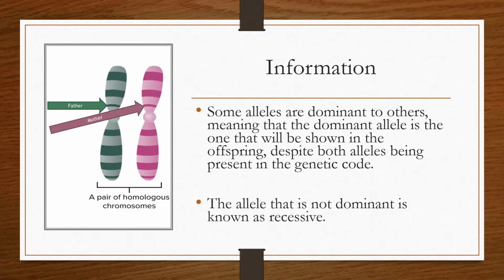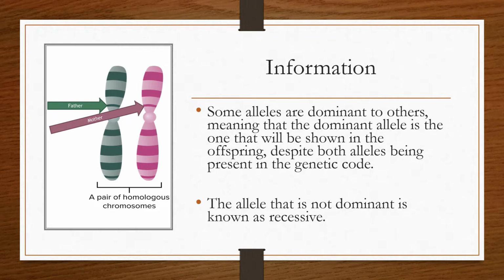Now, some alleles are dominant to others, meaning that the dominant allele is the one that will be shown in the offspring, despite both alleles being present in the genetic code. Usually when it comes to color, the darker allele usually is dominant to a lighter allele, and an allele that is not dominant is known as recessive.